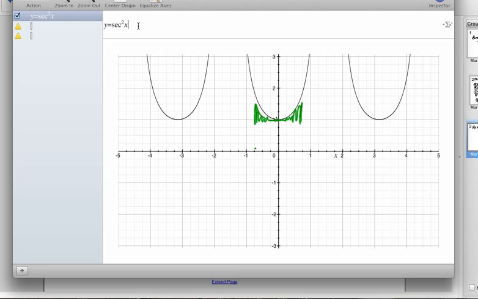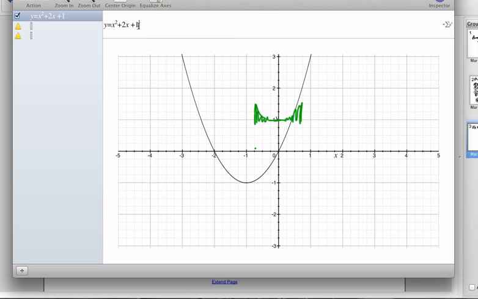So my y, first one was x squared plus 2x plus 1. So there's our parabola.